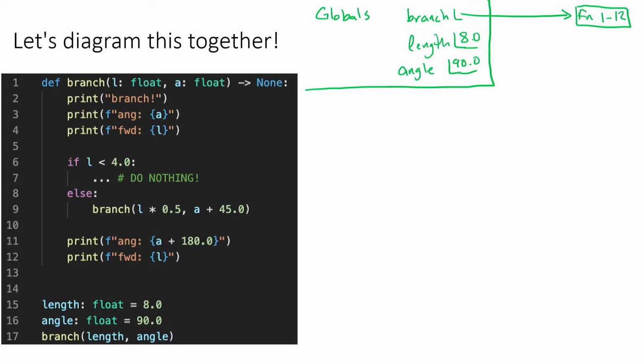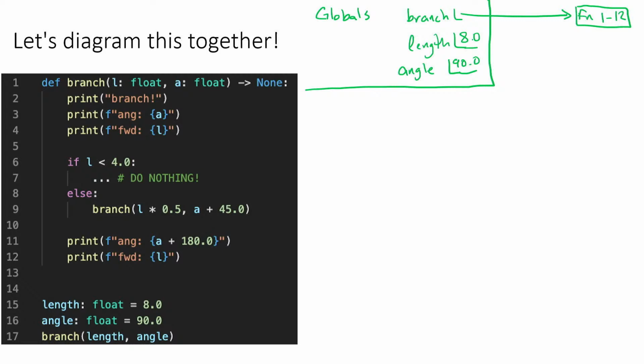Before we actually look into branch, I'm going to ask you to look at this function implementation and think through whether you imagine it's recursive or not. Is this a recursive function?